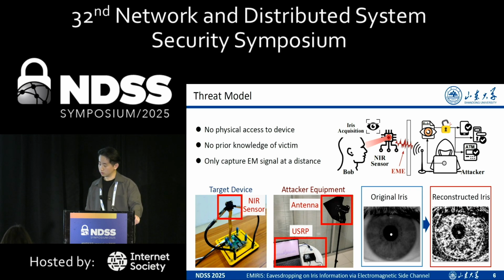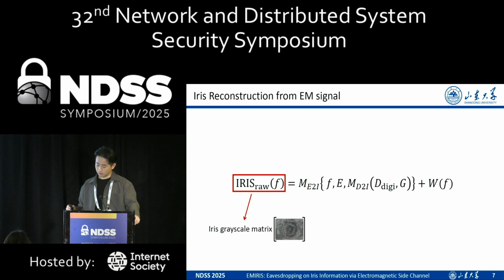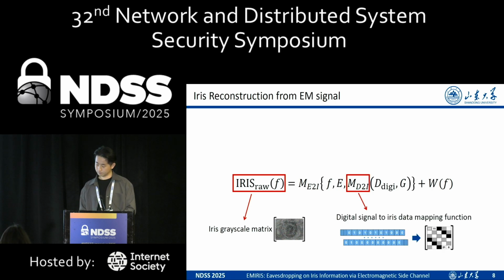Let's introduce our methodology. We model the iris reconstruction using this equation. On the left, we see the reconstructed iris grayscale matrix. And on the right, this equation defines how to map EM signals to iris data. This mapping happens in two steps.